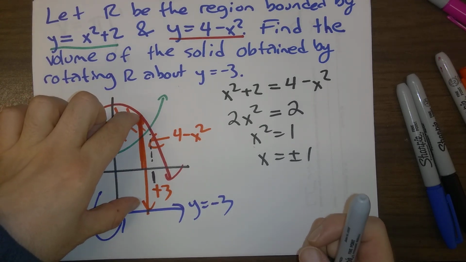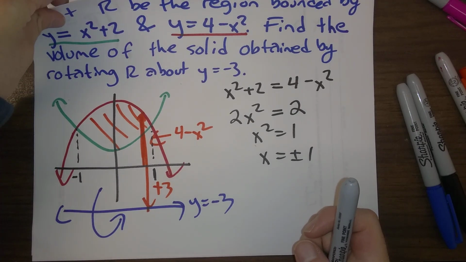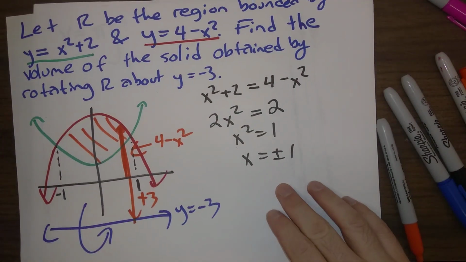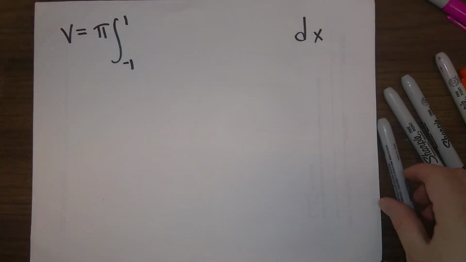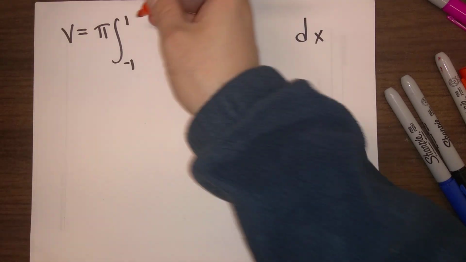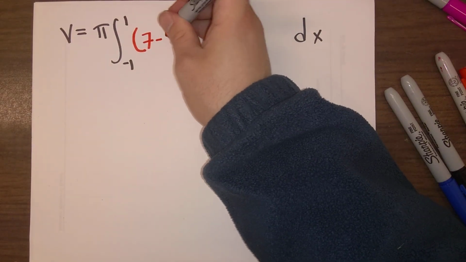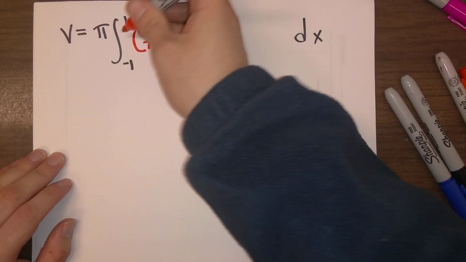So this whole thing is 4 minus x squared plus 3, so that's 7 minus x squared. That is going to be our R out. And when we square that, we end up with 7 minus x squared, all of that squared.